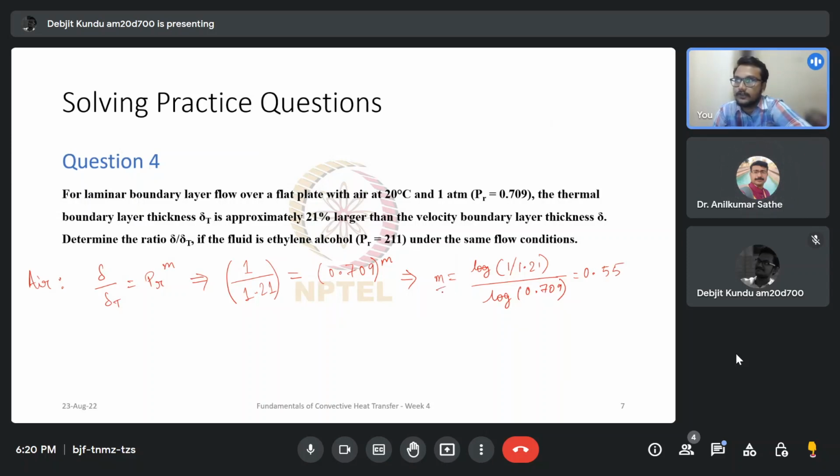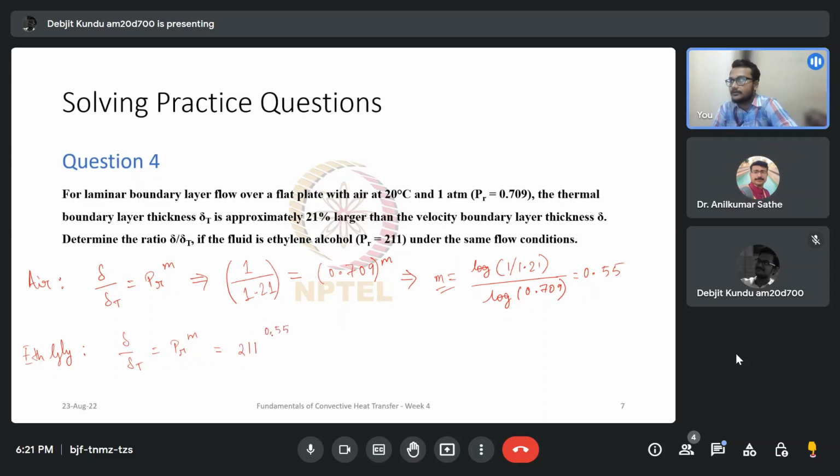So we got the value of m for the flow condition that is being considered here. Now it is said that for a different fluid under the same flow conditions, what will be the ratio of delta by delta T? So for ethylene glycol, I'm just writing it like this. Here, delta by delta T would also be Prandtl number to the power m since the flow conditions are the same. m is going to be the same.